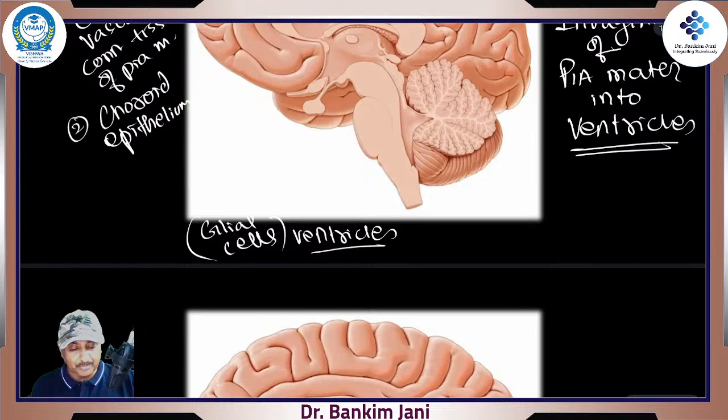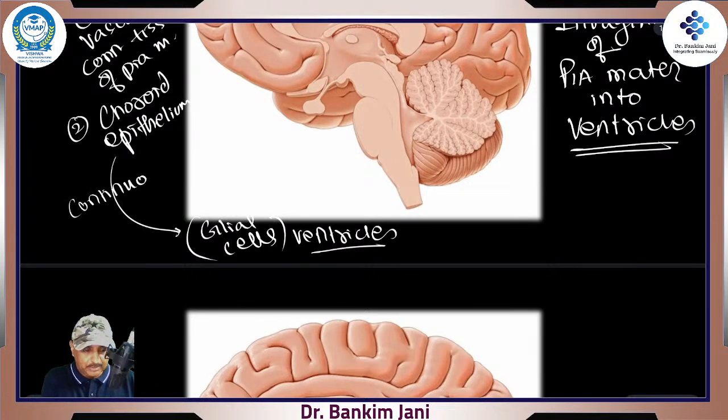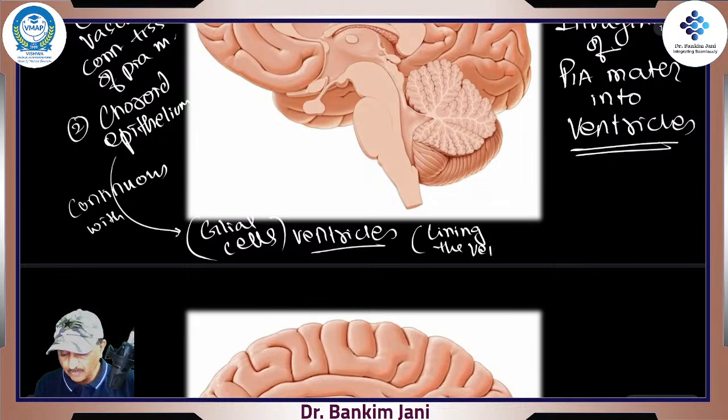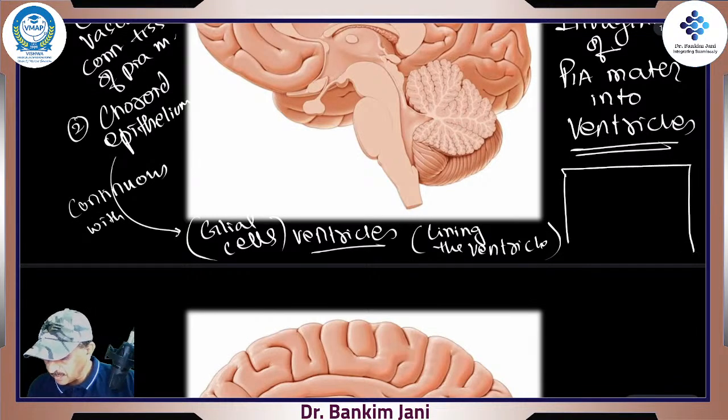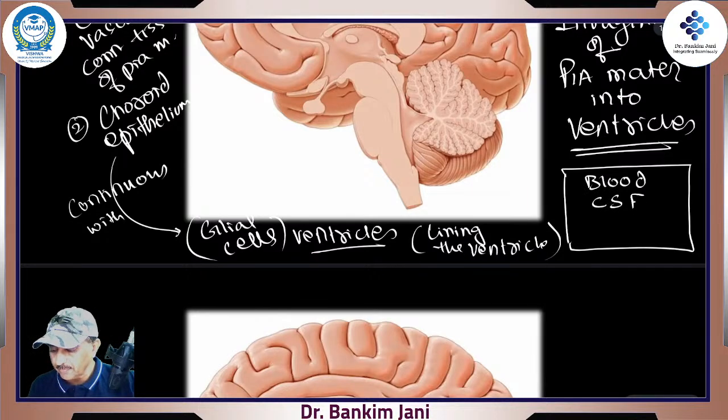These are membranous cells, and the epithelium is in continuation with them, continuous with the glial cells of the ventricles, which line the ventricle. So this is what forms the blood-CSF barrier.